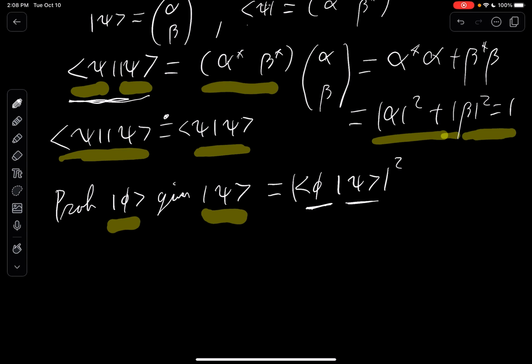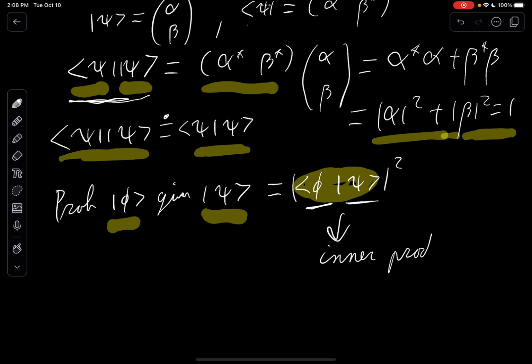This is how we really calculate probabilities in quantum mechanics. We calculate these quantities and then square them. These quantities are called inner products, and you may have seen them in linear algebra before.